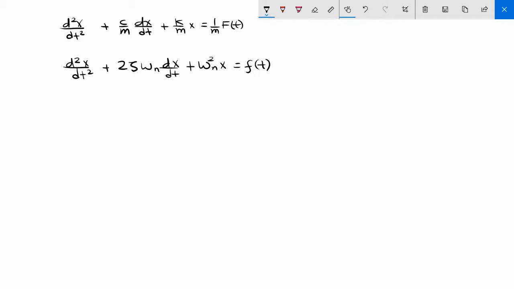And then we imagined three possibilities resulting into three different types of motion.